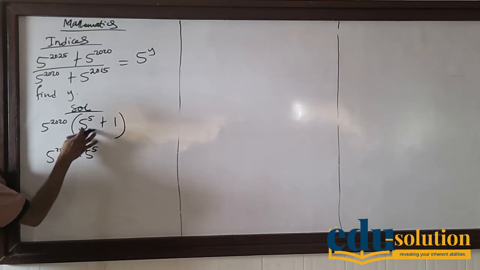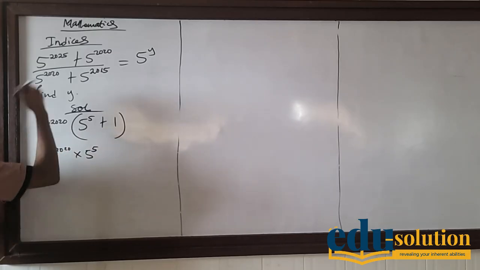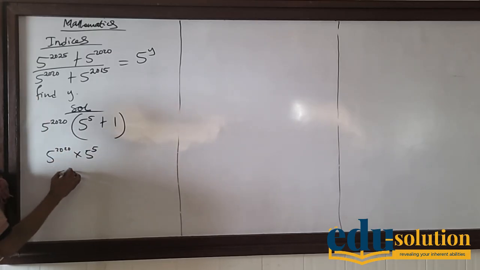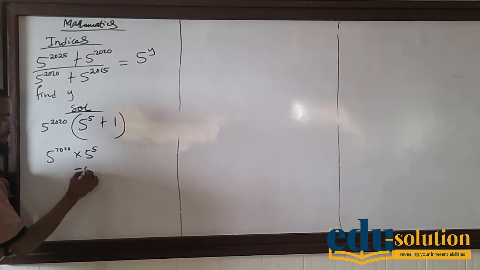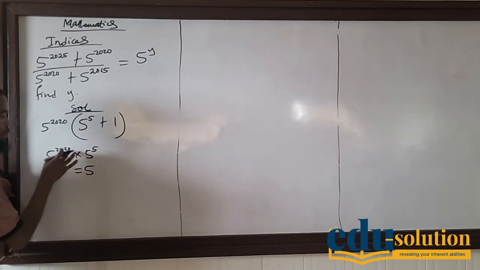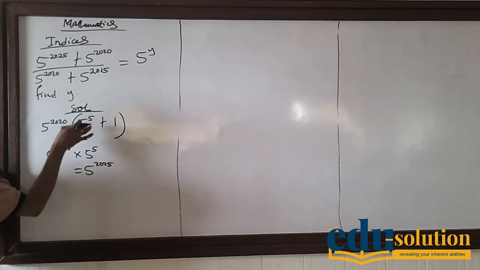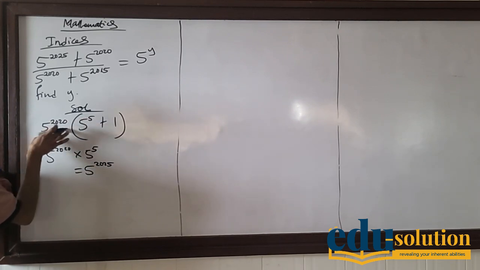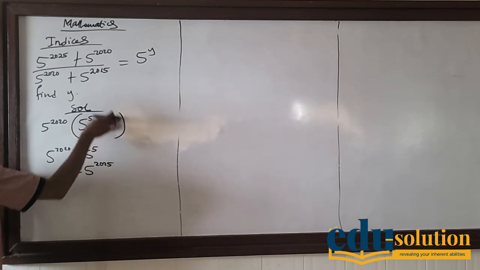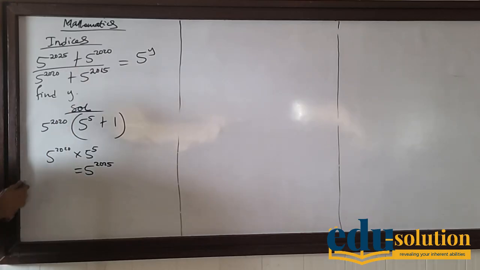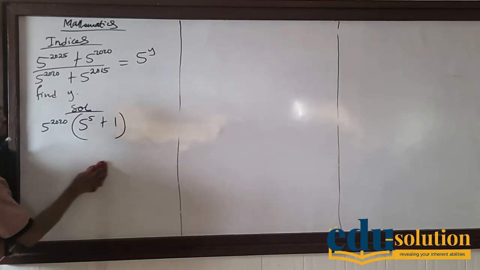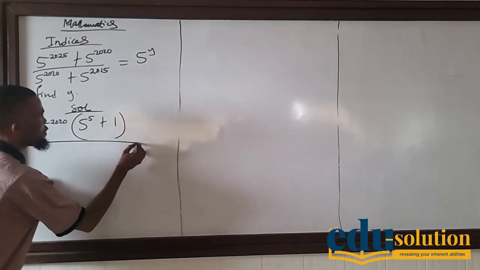This one multiplied by this is what we have here. What I told you in the previous video, you add the power. So by the time we add the power, it's going to give us 5 raised to the power of 2020 plus 5, which is 2025. You can see that we have this again. And also if this one multiplies this, it's going to give us this again. You can see that we are mathematically correct. So now, in the same way, I will do the denominator.